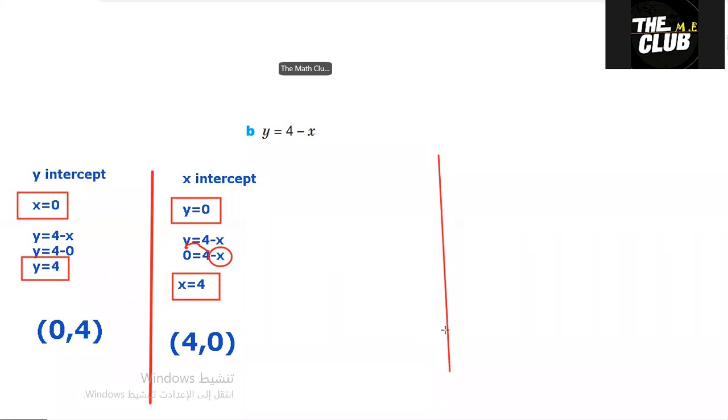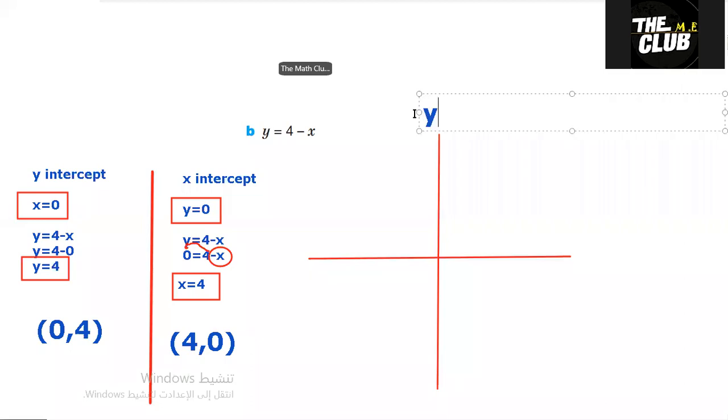Now, this is the x-axis, and this is the y-axis. I have to label them here. This is the y, and this is the x. As I said, I don't have numbers and boxes, but you already have them in your notebook, so you can use them, okay? Now, for this one, I need 4 and 4, so the positive sides.